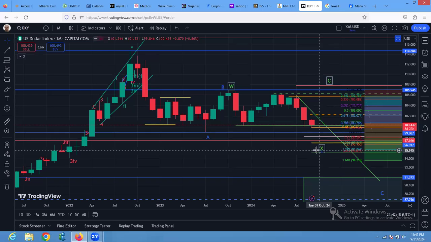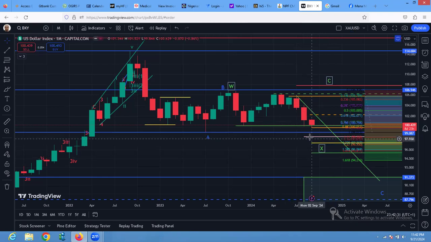This is the level that we may expect price to come to and react at. Price is not going to make any sense out of this. So this is the yellow area that we expect price may come to.